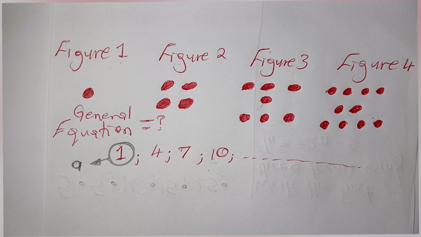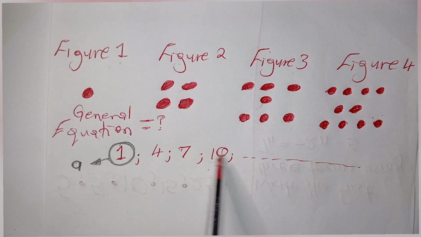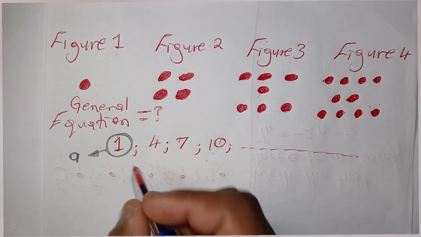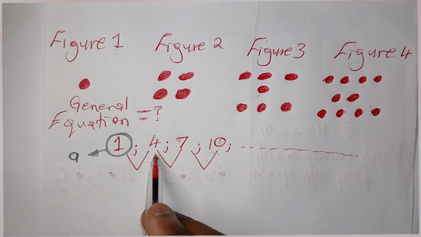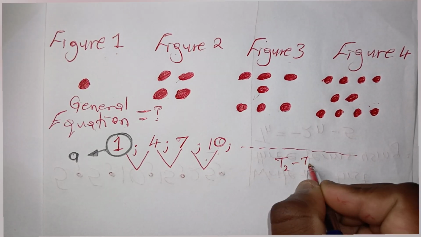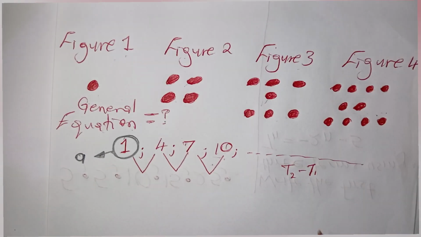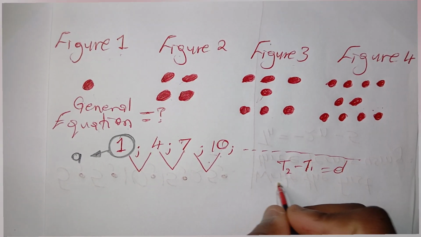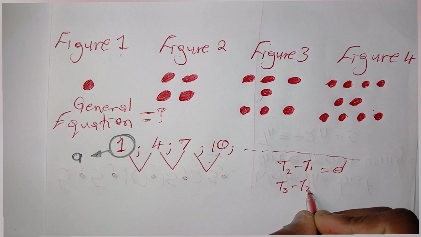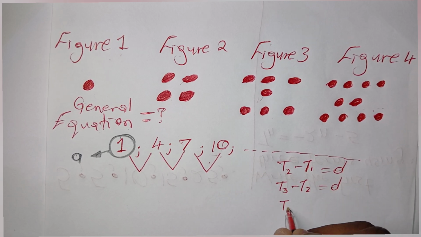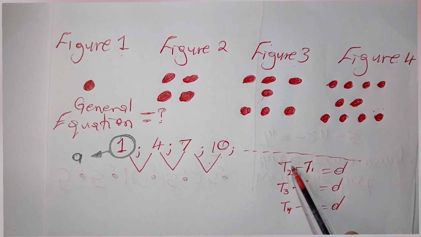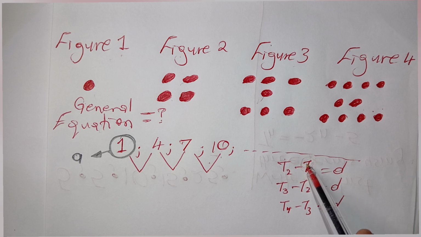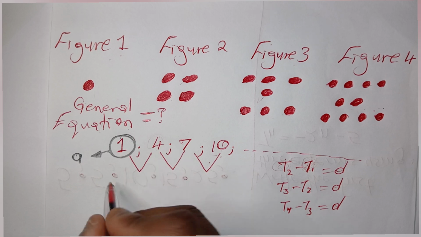To get the difference, it will be term 2 minus term 1, which is the same as term 3 minus term 2. It's D, which is term 4 minus term 3. It's like final minus the starting.